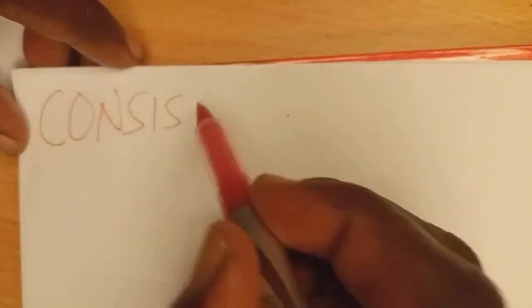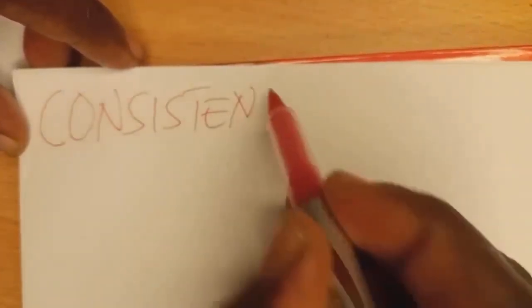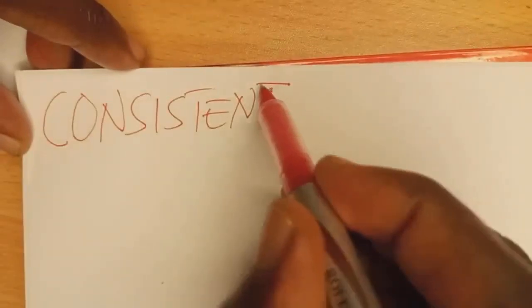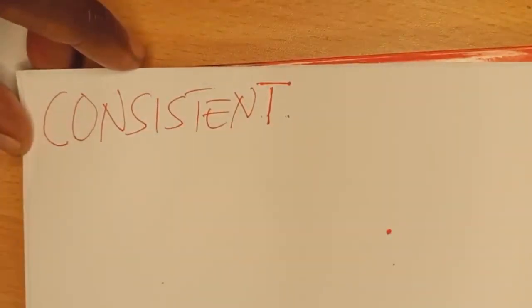Okay, for dimension, do not forget what we said. We said that all physical equations, all of them, no exception, every physical equation you see in physics, must be dimensionally consistent. Let me write this, consistent. And what does it mean? It means all the terms in the equation must agree with each other in terms of unit.